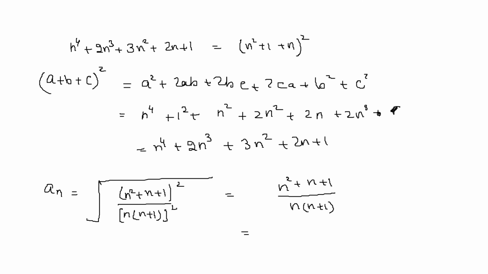This is actually n square plus n in the numerator and n square plus n in the denominator, which cancel out, giving 1 plus 1 over n into n plus 1. So this is our a_n up to now. We have a_n equals 1 plus 1 over n into n plus 1.